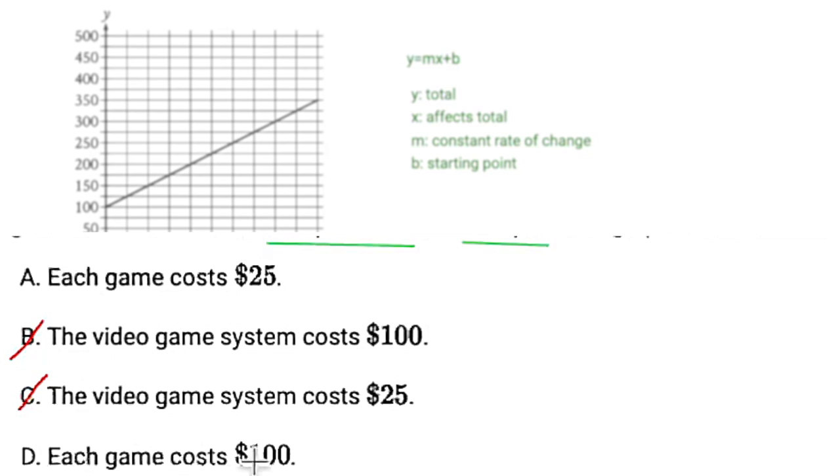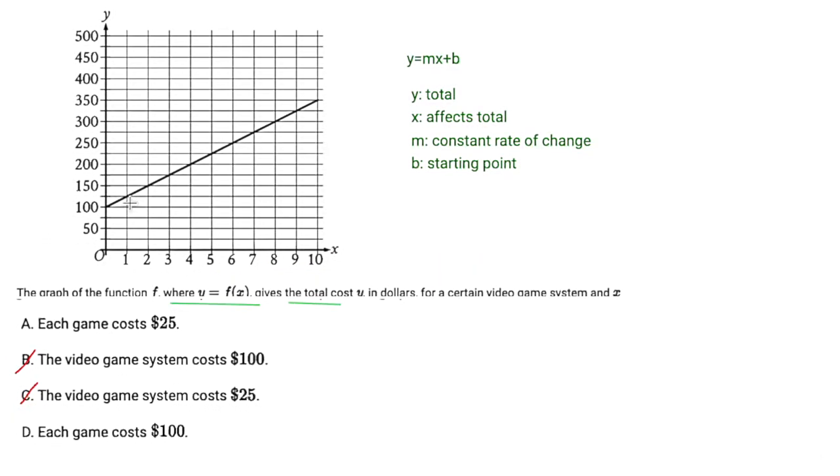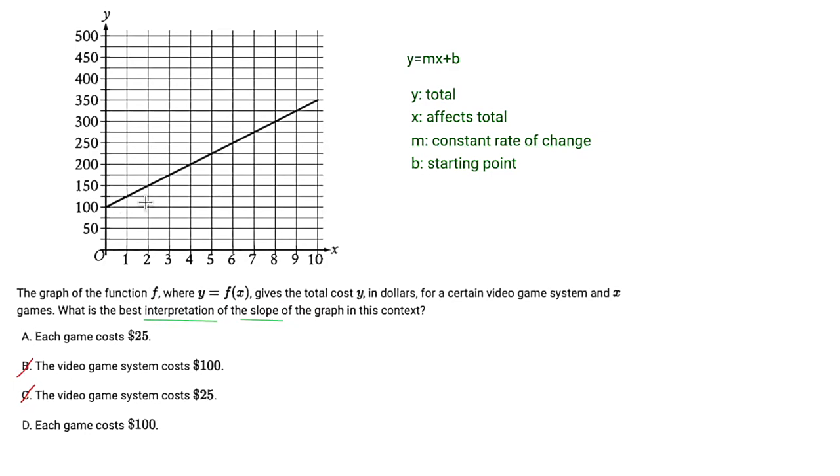And then D is also a constant rate of change. Each game costs 100. So now I just need to figure out, is the slope actually 25 or is it 100? We could grab a couple points and use the slope formula, but I'd rather just eyeball it because there are some pretty clear points here, right? We just need to do rise over run.